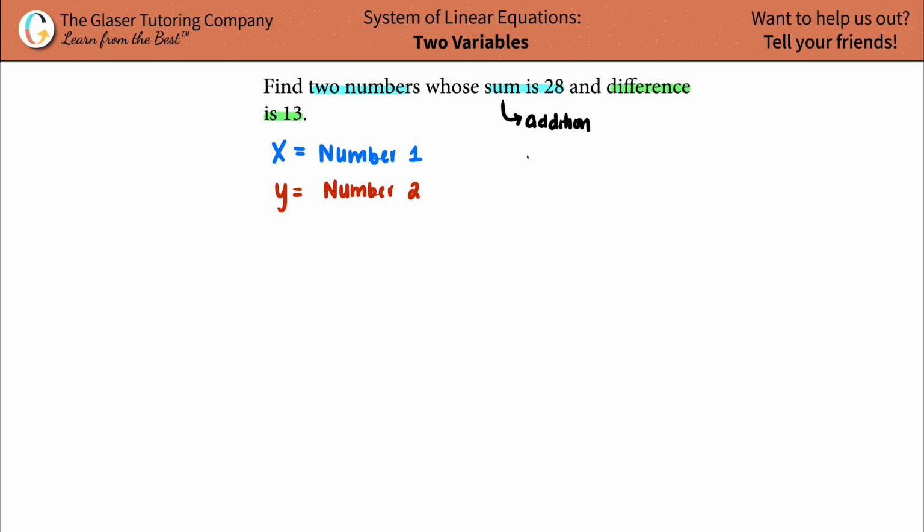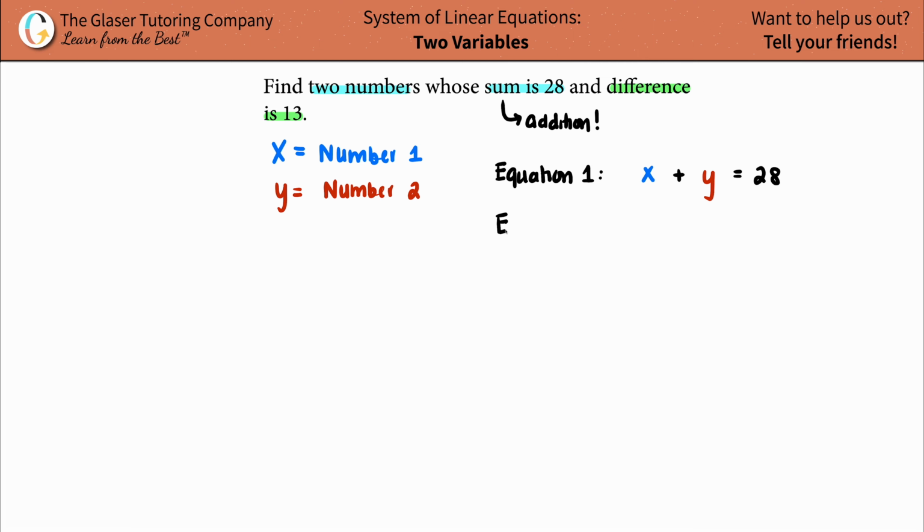So, equation 1: if I add these two numbers together, what should the total be? Yeah, 28. It said that the sum was 28. So X plus Y, and you could say Y plus X, it doesn't really matter, equals 28.